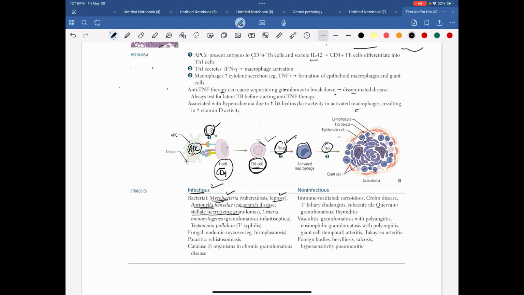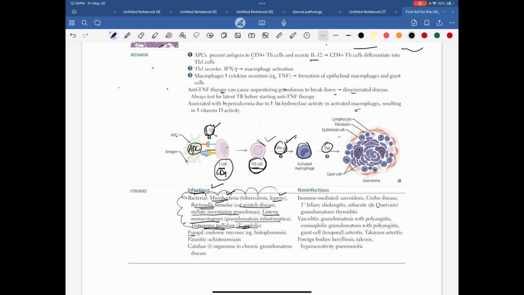If you have Listeria monocytogenes infection, that leads to granulomatosis infantiseptica. Basically, this is also an infection caused by Listeria monocytogenes. Then if you have Treponema pallidum, secondary syphilis. So all these are the infectious causes of granuloma formation. These are the bacterial causes.